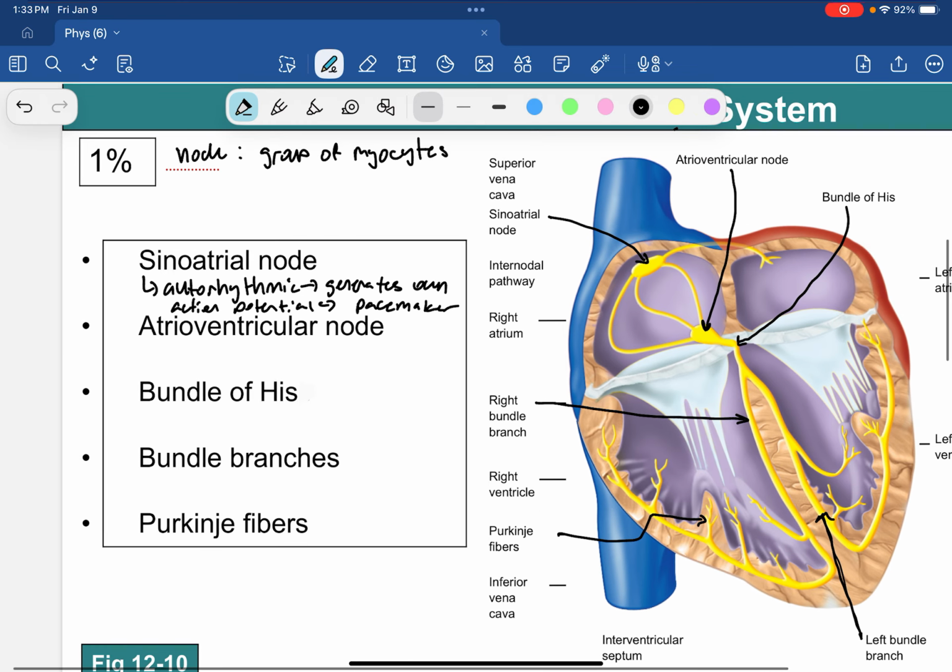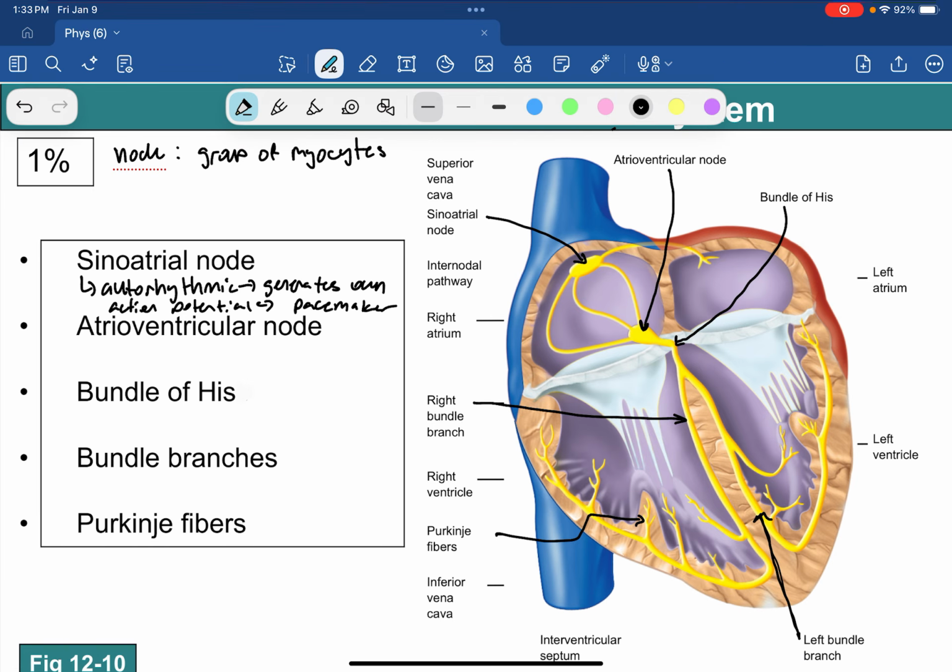Our sinoatrial node, or our SA node, is going to be right here. We can see that it's at the top of the right atrium, which makes sense because that's where our blood is starting to come into the heart. So it makes sense that our action potential would start there. We move down to our AV node, our atrioventricular node, right here. It's right in between the right atria and right ventricle, which makes sense of the name.